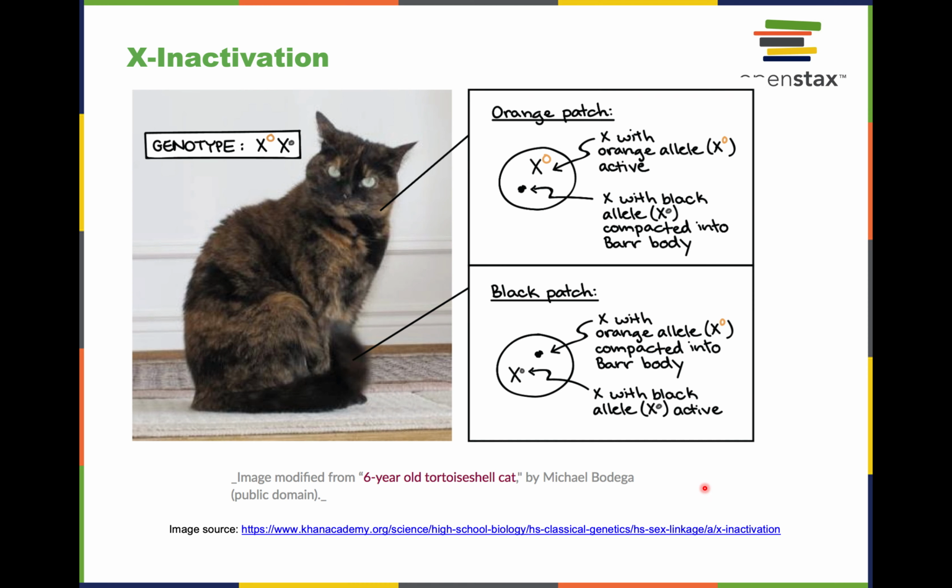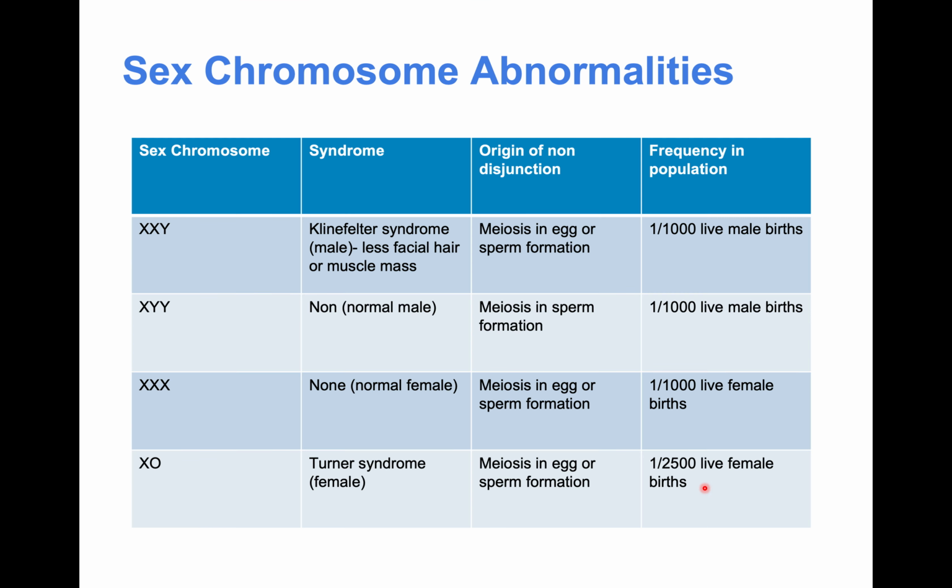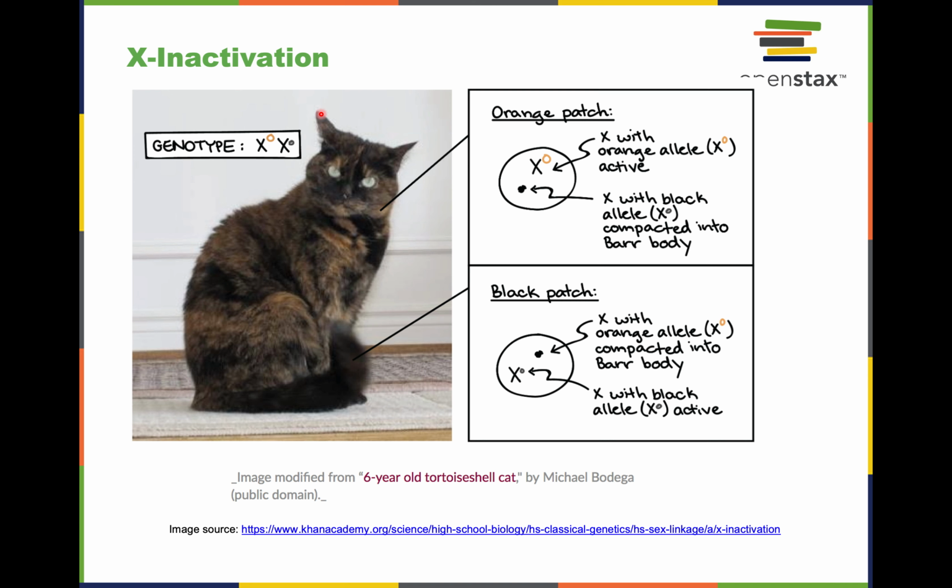Now, you may be wondering, why is it okay for an individual to have 3 X chromosomes? Well, this is because of a natural occurrence in female bodies called X inactivation. Even in a normal female where there are only 2 X chromosomes, one of them is always randomly deactivated.